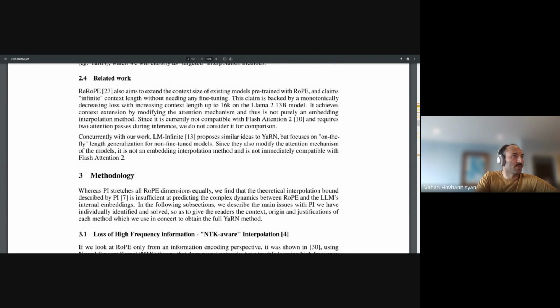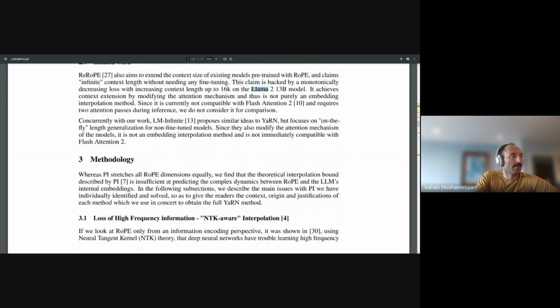We mentioned the related work. So Llama uses rope embeddings also. And there was another work they mentioned called LM Infinite, which proposes similar ideas. But basically, the main problem with other approaches is that they end up also modifying the attention, which makes it difficult to adapt to flash attention. Flash attention is more of a hardware solution to speed up the attention calculations.